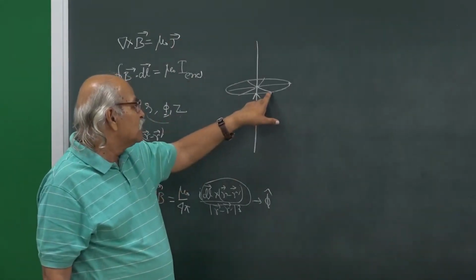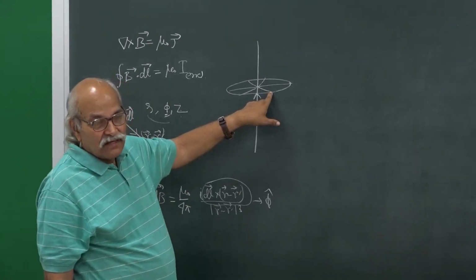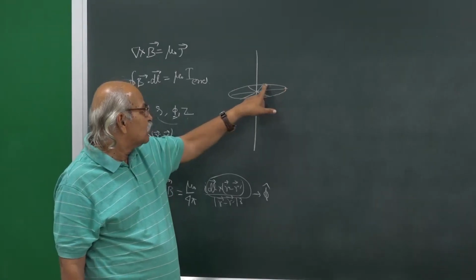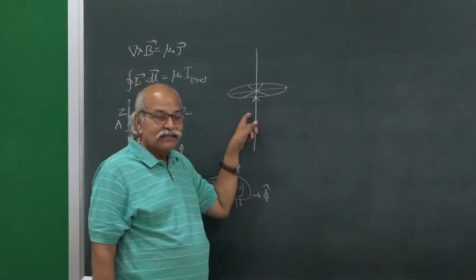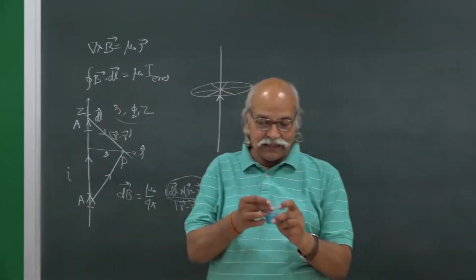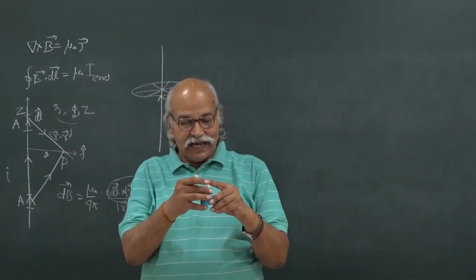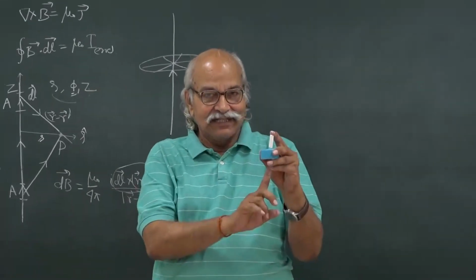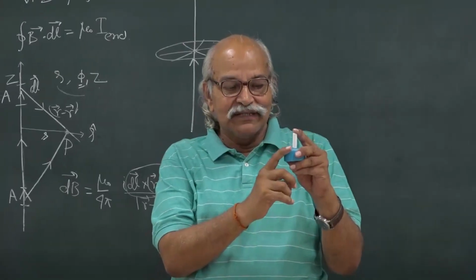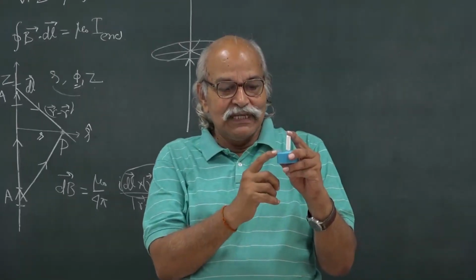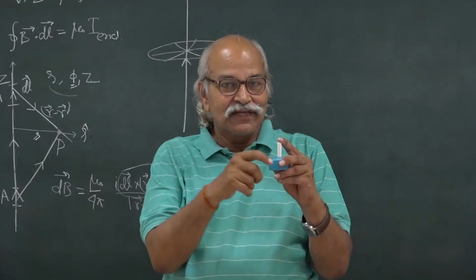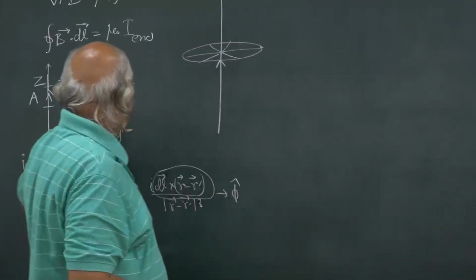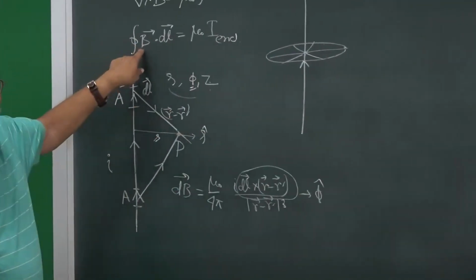Therefore, the magnitude of B here should be the same as the magnitude everywhere else on the circle. If this is a long current, what is the difference between this point and this point? Why should the magnetic field be larger here and smaller here? They are all equidistant from this wire. So the magnitude is the same and the direction is phi cap.